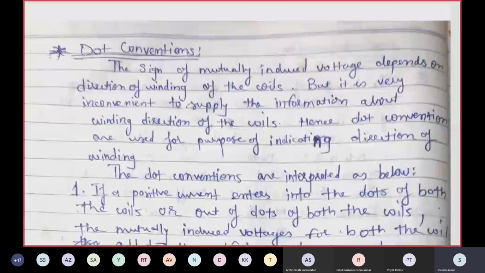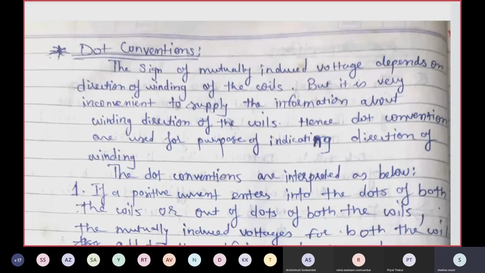That's why polarity of mutually induced EMF is same as polarity of self-induced EMF in case of cumulative coupling. But in case of differential coupling, the direction of current flowing through the coils are different. That's why polarity of mutually induced EMF is opposite to that of self-induced EMF.